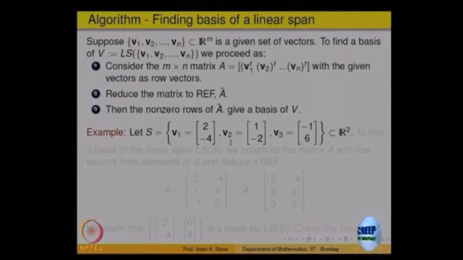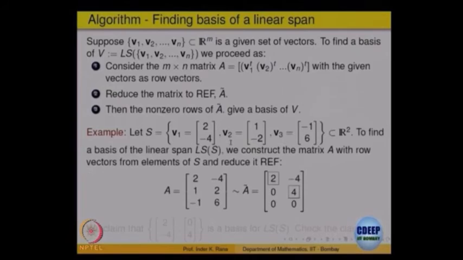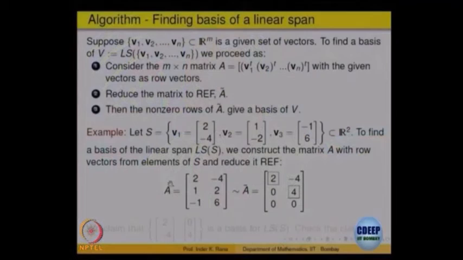So, what I do, as I said, is write that matrix. What is the first vector? 2, minus 4. Our general convention is writing vectors as columns, but for this algorithm we write 2, minus 4 as a row.